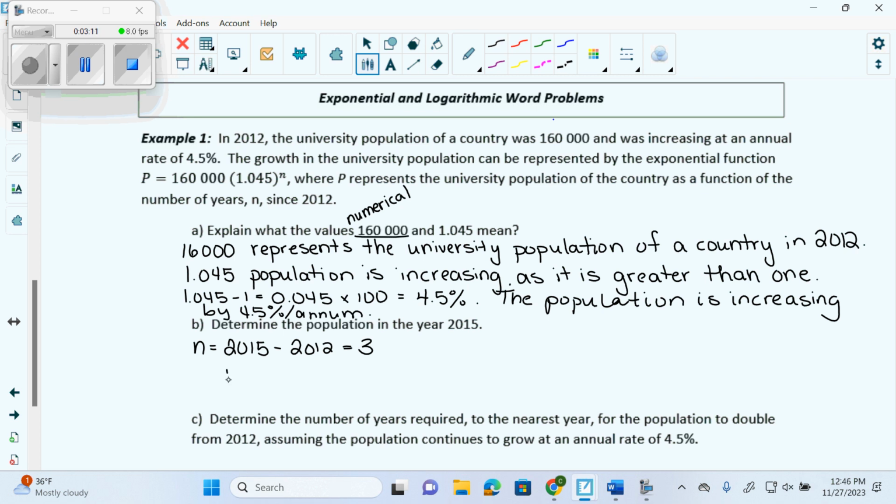So it gives us P equals 160,000 bracket 1.045 to the 3, which is 182,586.